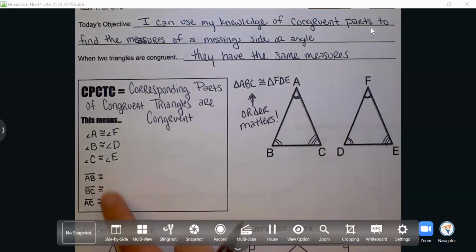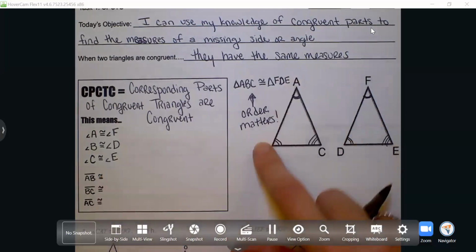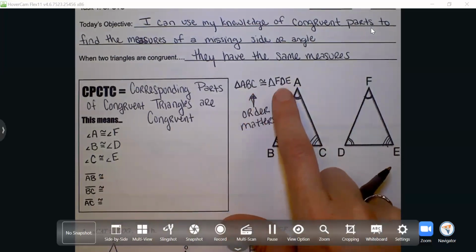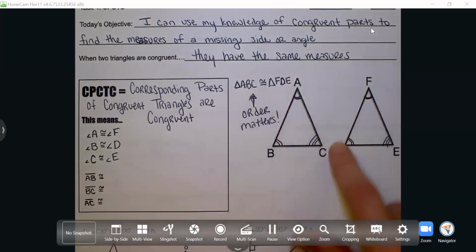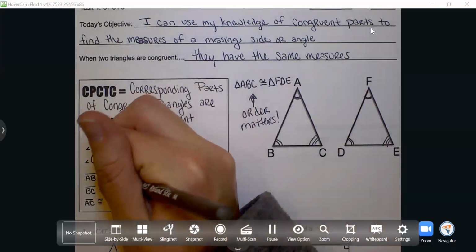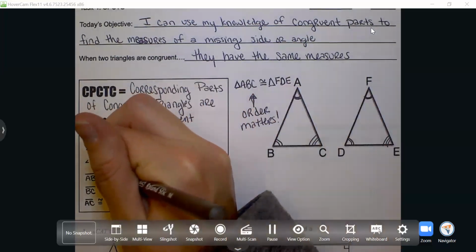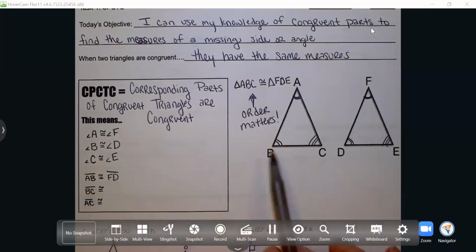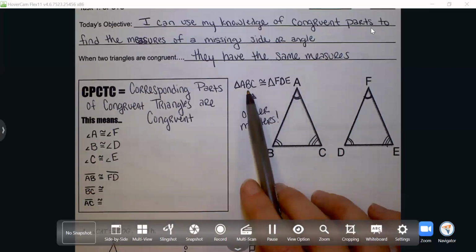Same idea with these side lengths here. AB are my first 2 letters. That's going to be congruent to my first 2 letters in this triangle, FD. And that line on top just means I'm talking about a side. BC, side BC is going to be congruent to DE, the last 2 letters.